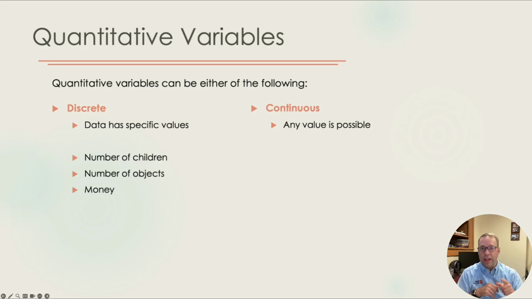You've got a fraction, a decimal. So discrete variables don't always have to be whole numbers. They can be partial numbers as well, or they can be a decimal. So cents is a hundredth of a dollar. Okay, so you've got just a small piece of a whole.